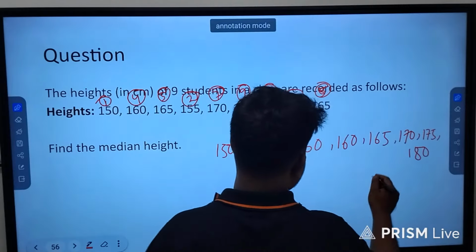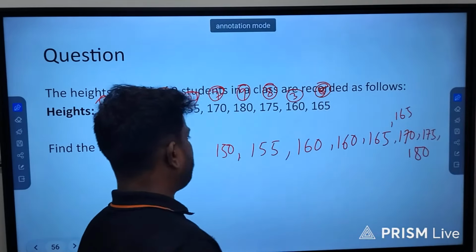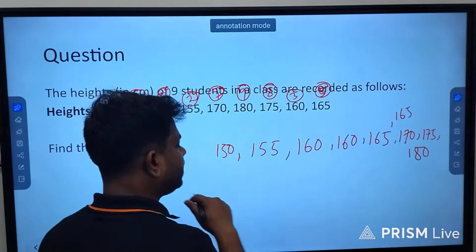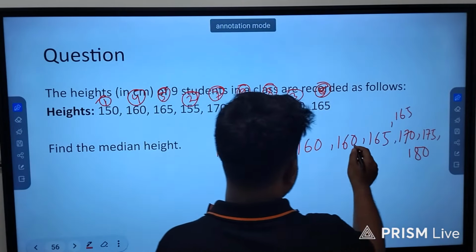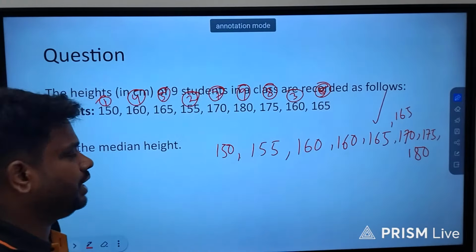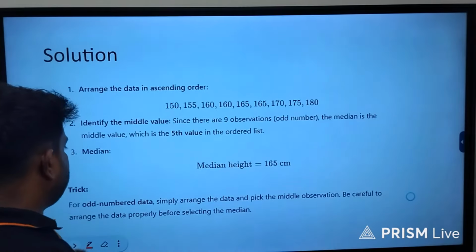Okay, so here we will have 165. No problem in that. We have a total of nine data points. For 9 values, the fifth value, counting 1, 2, 3, 4, fifth, that is 165, will be termed the median of the height.